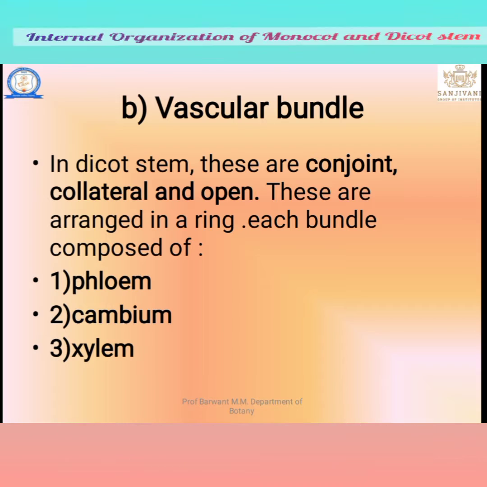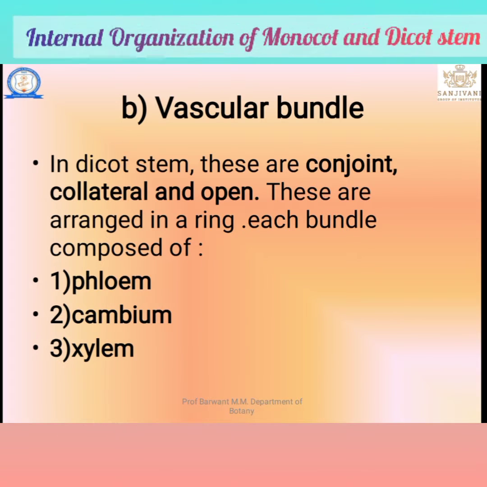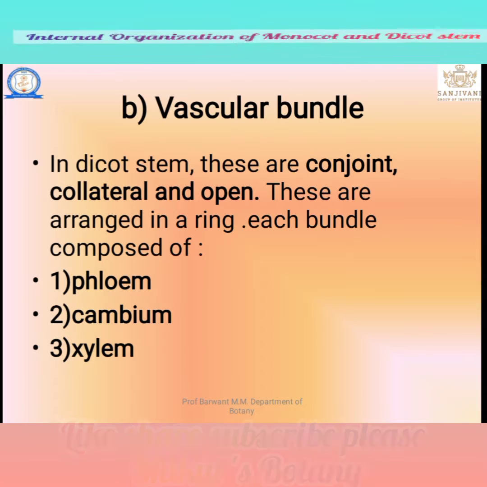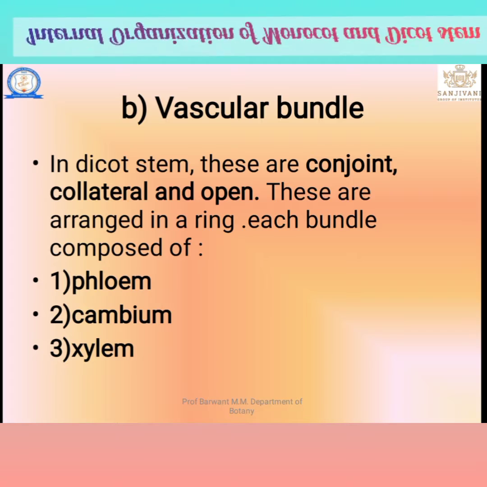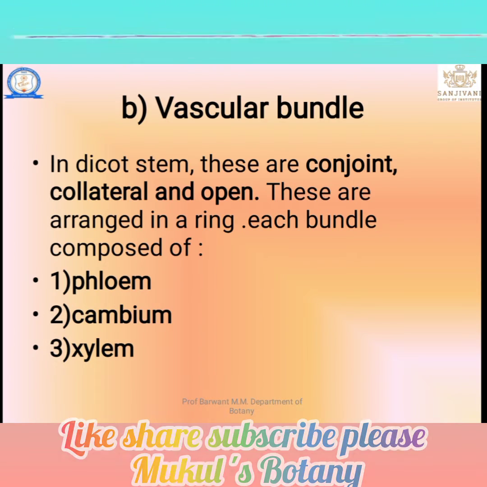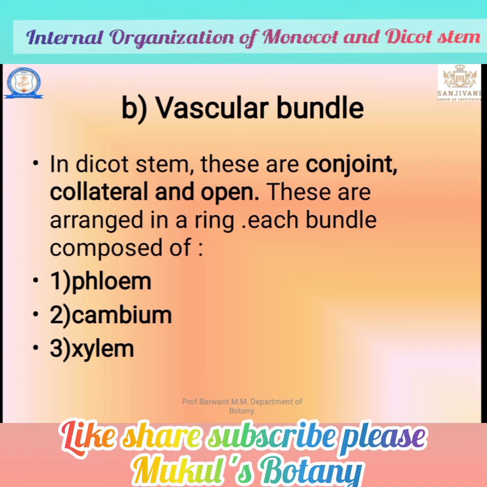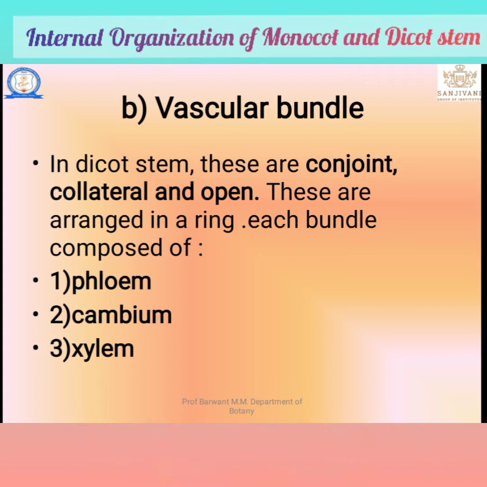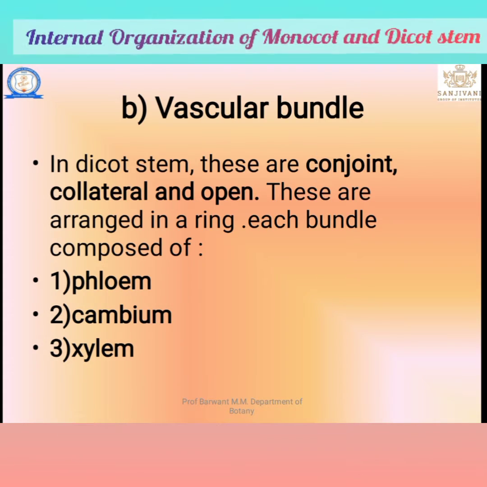That means only the open type of vascular bundle can be seen in a dicot stem. What is the open type of vascular bundle? Simply, a vascular bundle having xylem and phloem joined side by side, and between the xylem and phloem there is a strip known as the cambium strip. Such a vascular bundle is known as an open vascular bundle, conjoint collateral open.